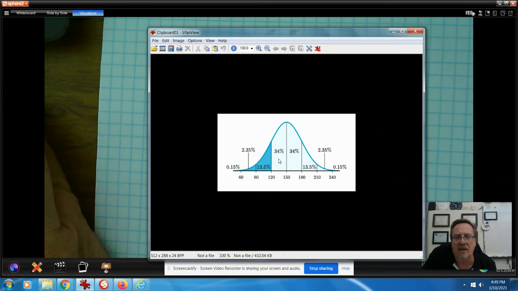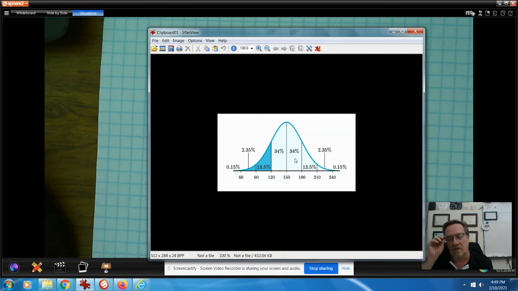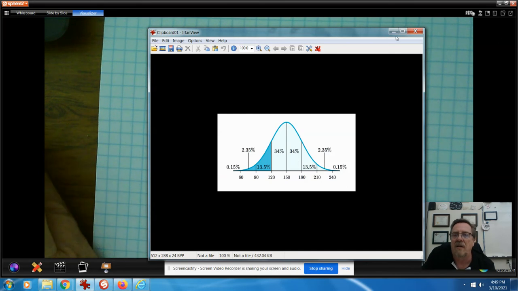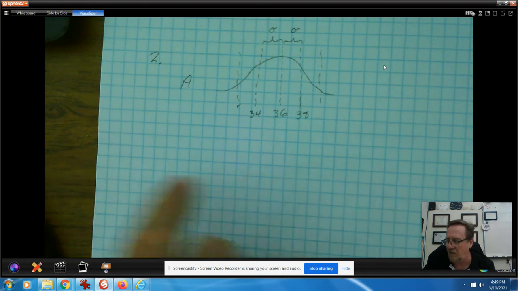Within one standard deviation from the mean down is 34% of the population, and within one standard deviation up from the mean is 34% of the population. So when you look at both of them together, 68% of your population is within one standard deviation of the mean, and that's kind of where I'm going here.